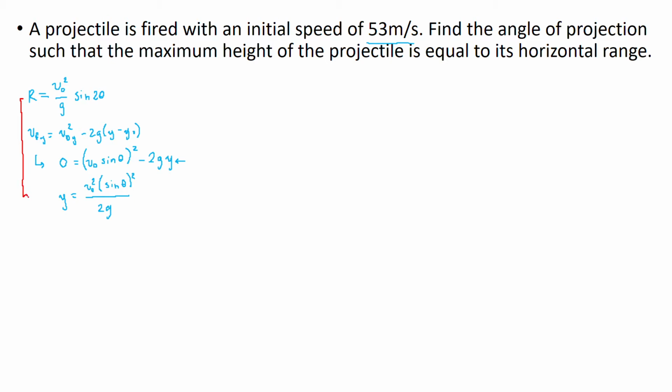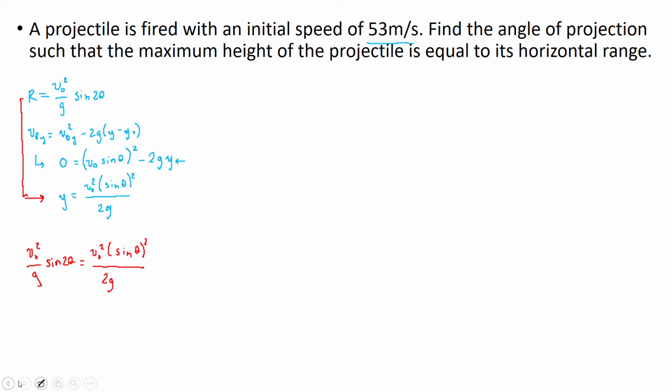So these two numbers should be equal. Okay, so we make them equal, and that is v0 squared over g times sine of 2 theta. It's gonna be equal to v0 squared times the sine of theta, all that squared, over 2g.